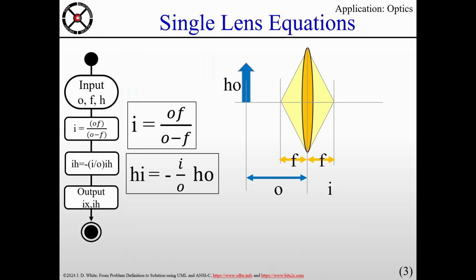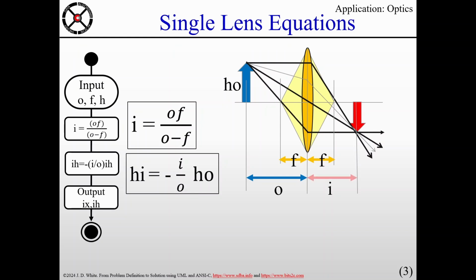Okay, so this is what we have so far, right? We're inputting the object position. We have a simple lens and we have a focal length of the lens. We have the height of the object, how far the object is from the lens, the focal length of the lens, and we want to calculate where the image is going to be formed at the other side, which is going to be basically over here.